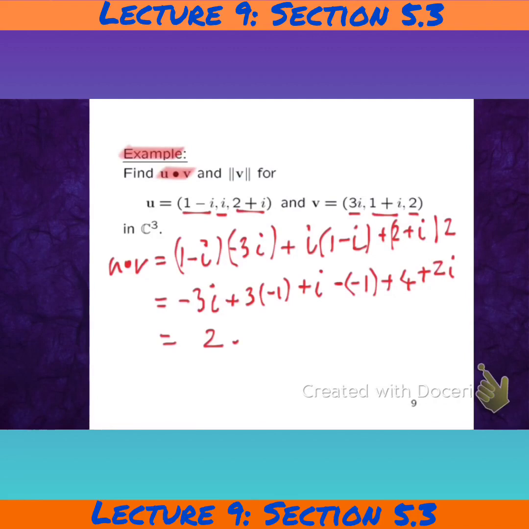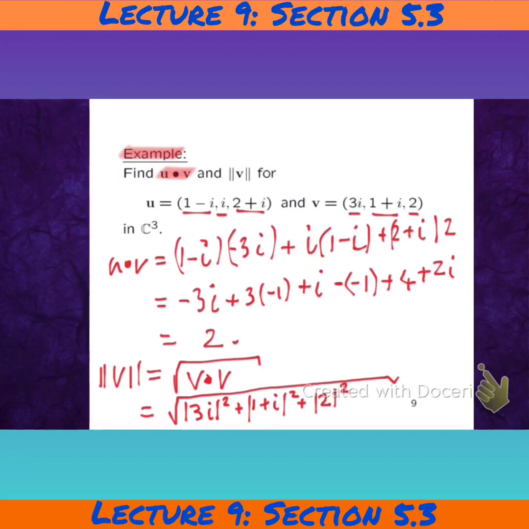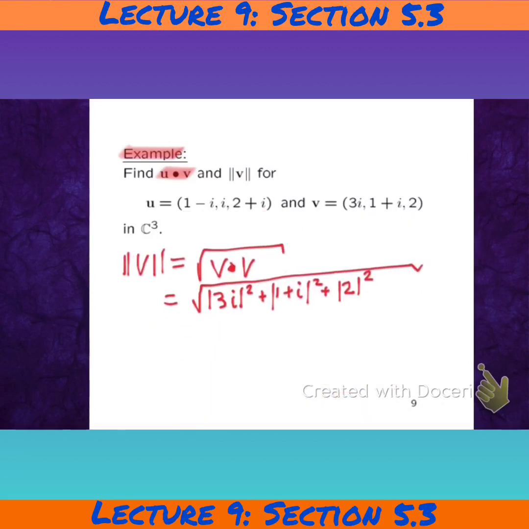Okay, and what is the norm of v? The norm of v is the square root of the dot product of v with itself, and by definition that is the modulus of the first component squared plus the modulus of the second component squared plus the modulus of the third component squared. We can look at that individually.